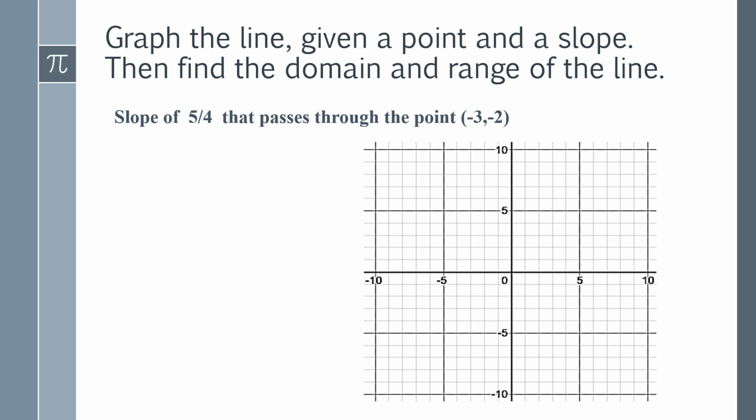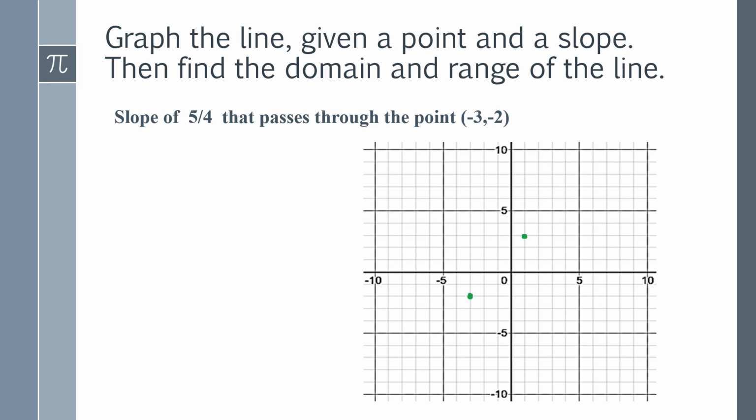Okay, let's go through this process again. Slope of 5/4 that passes through (-3, -2). So we go to (-3, -2), and we plot our point. Our slope is 5/4, so that means we're going to go up 5 and 4 to the right, and that's going to put us right there at (1, 3).